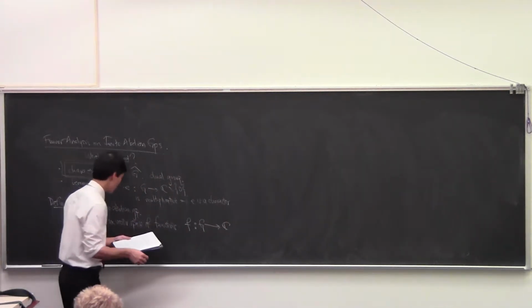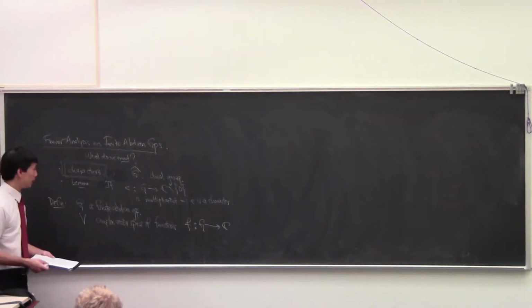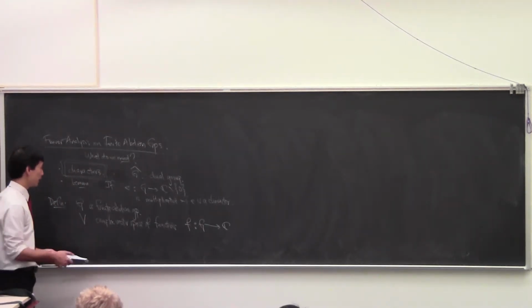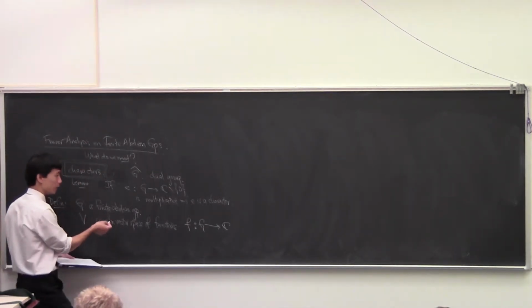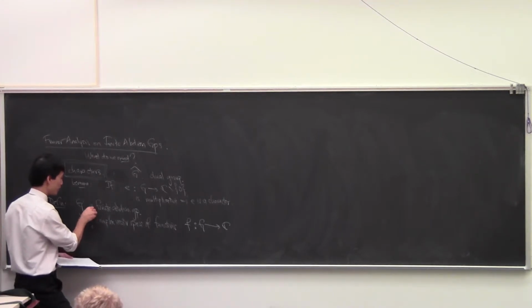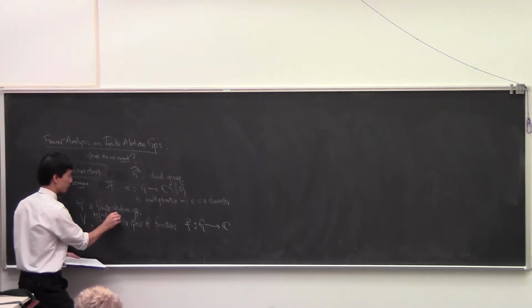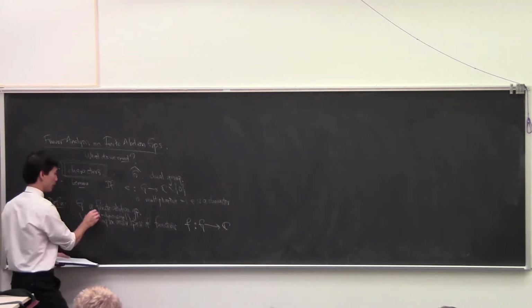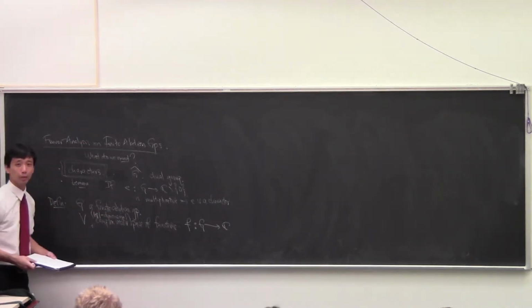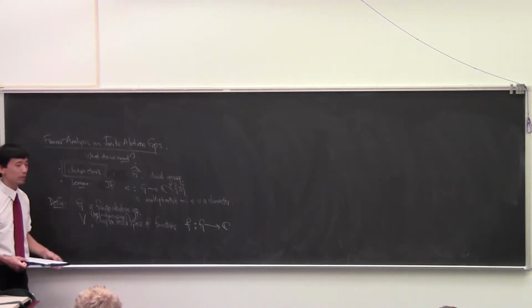And as we saw, this is a finite dimensional vector space. In fact, it is order G dimensional.